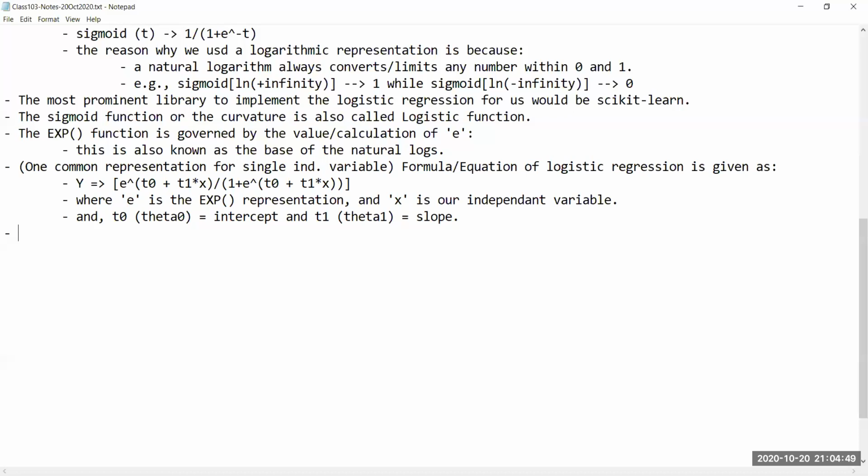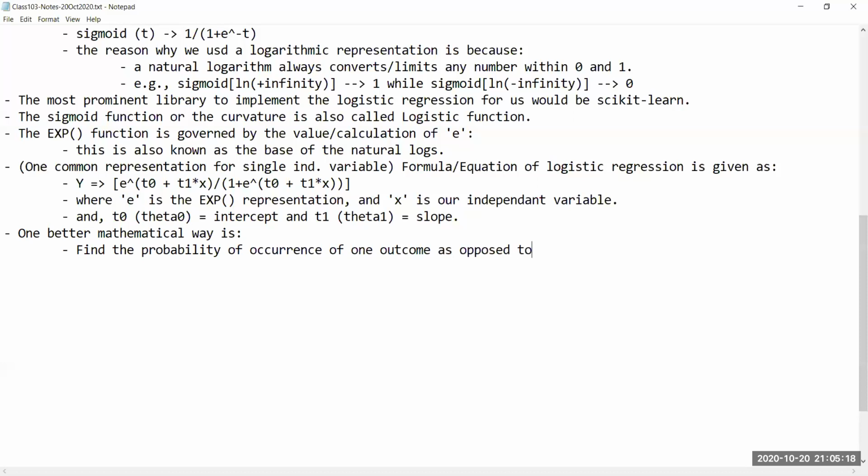I'm simply trying to find the probability, or in a better mathematical way, the probability of occurrence of one outcome as opposed to another.